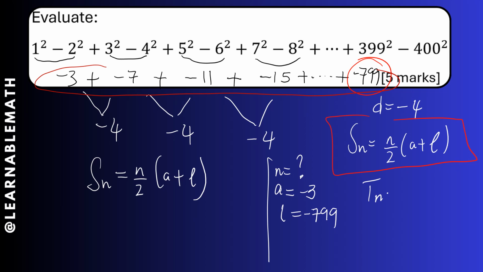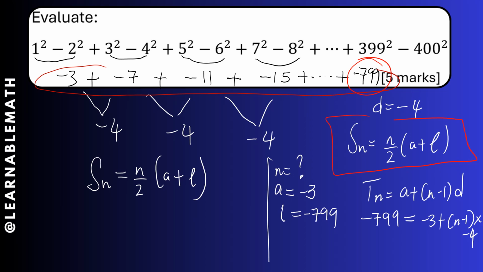So we're going to use the formula Tn equals a plus n minus 1 d, the general formula of an arithmetic sequence. We know that Tn is the same as the last term, which in this case is negative 799, equals our a, which is negative 3, plus n minus 1 times the common difference, negative 4.